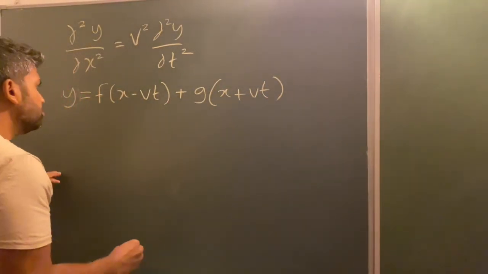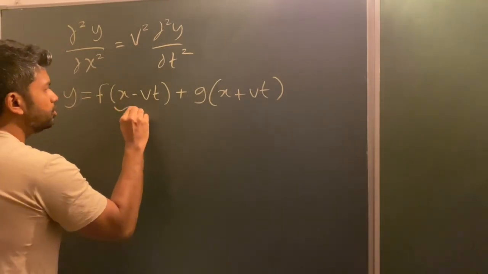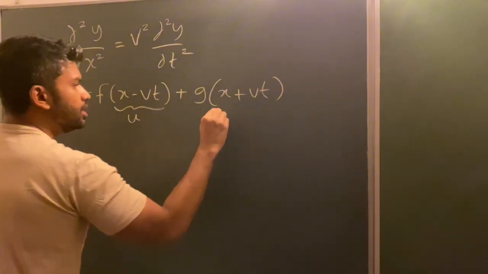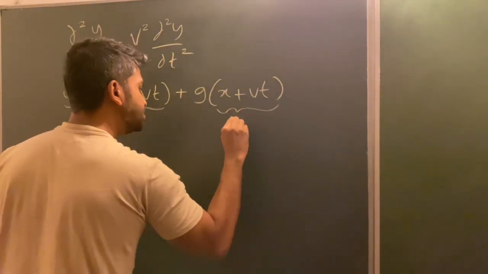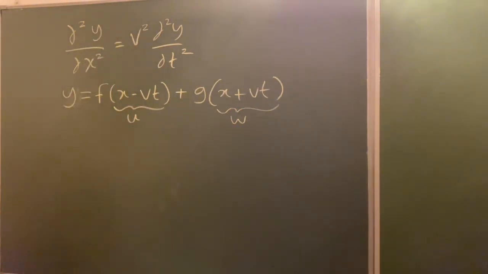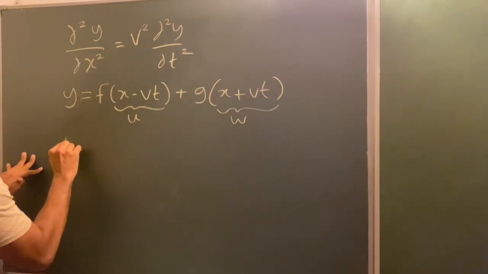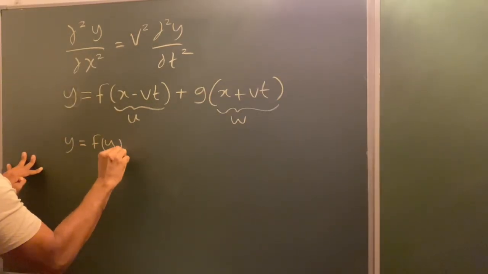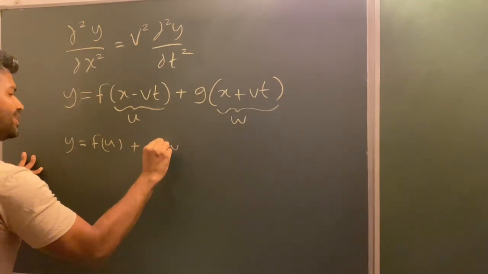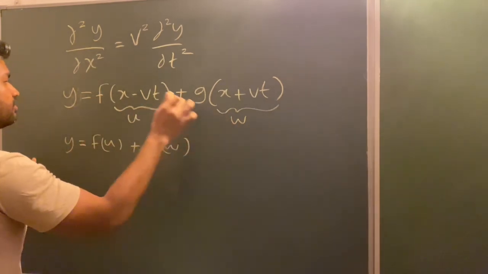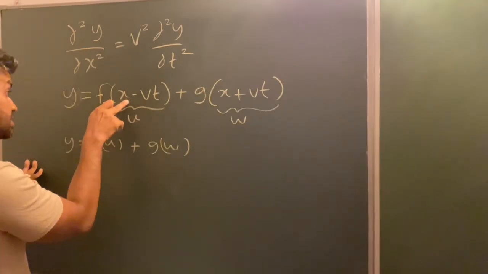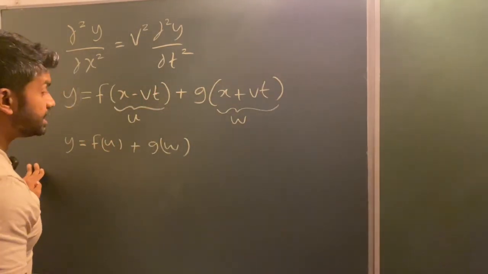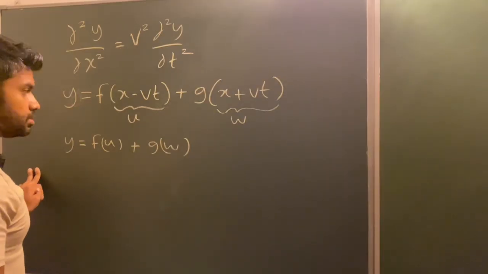For simplicity, I'm going to take x minus vt as u and x plus vt as w. So now y is equal to f of u plus g of w, where u and w are functions that depend on x and t. v is a constant. We already know that v is velocity.